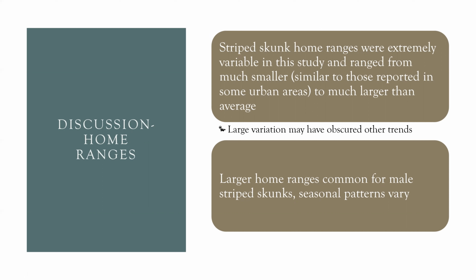Larger home ranges are common for male striped skunks, so it was not surprising to see that result. And seasonal patterns, I didn't detect any. However, previous studies really varied on whether seasonal patterns were detected or not. So it wasn't necessarily surprising that I did not detect any of those.